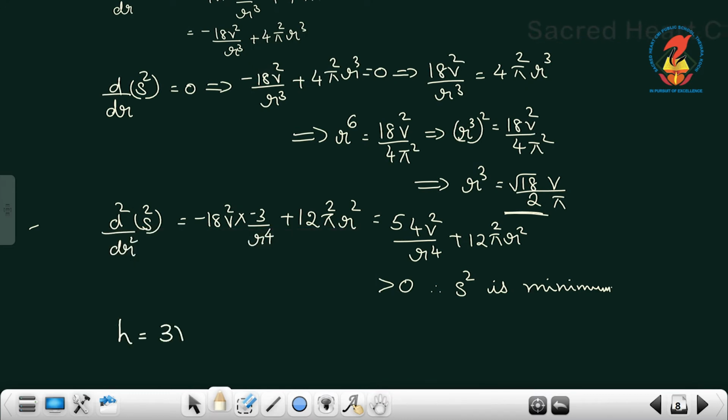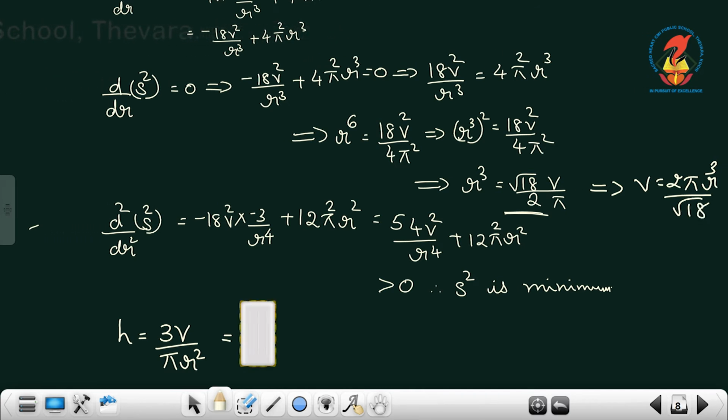H is equal to, and substitution is easy for v. From this r square, it's very difficult to find r square and substitute. So what is v from here? V is equal to 2 pi r cube by root 18. We can substitute that. So 3 into 2 pi r cube by root 18, then by pi r square.